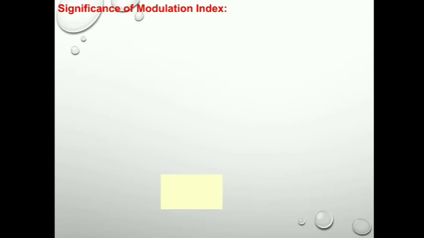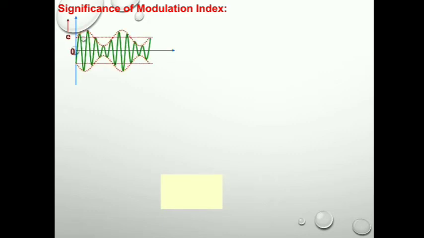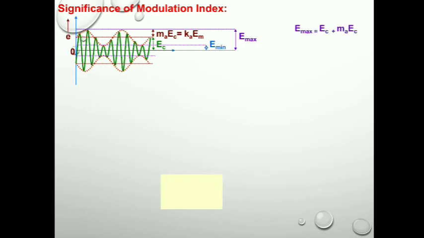Now next, significance of modulating index. Yes, these are the graphical representation of amplitude modulated waves. Okay, so E is the amplitude of the carrier wave, and there are maximum and minimum amplitude factors. The maximum amplitude is equal to EC plus MA into EC, where MA is the modulating index.